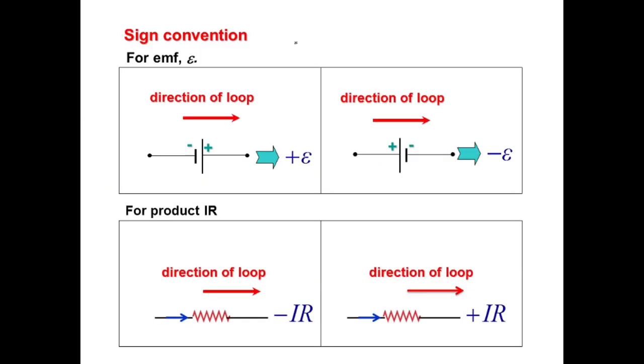To assign the sign convention for EMF in the second Kirchhoff law, we have to consider the direction of current inside the battery. For example, in this battery, the current inside the battery is directed toward the right.